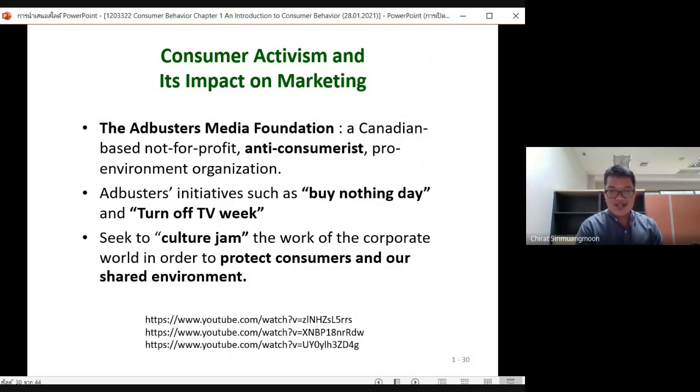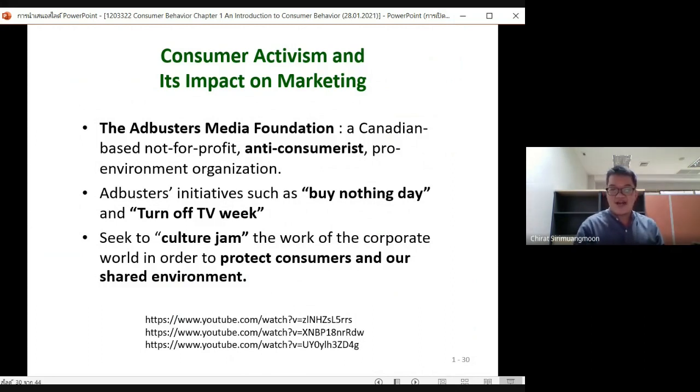This foundation creates activities to ban overconsumption. They said overconsumption is when you consume too much that you might not need. Why are you not a simple consumer? Like you just have the money and buy again and again, not because you need it, just because you want to buy.